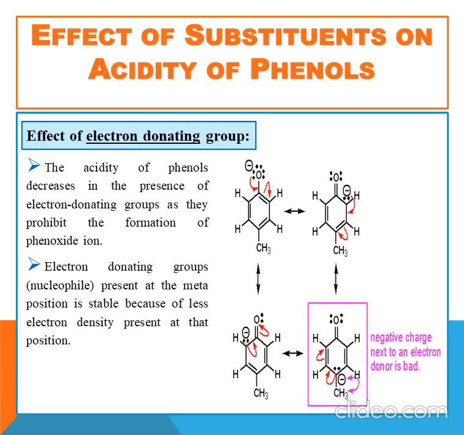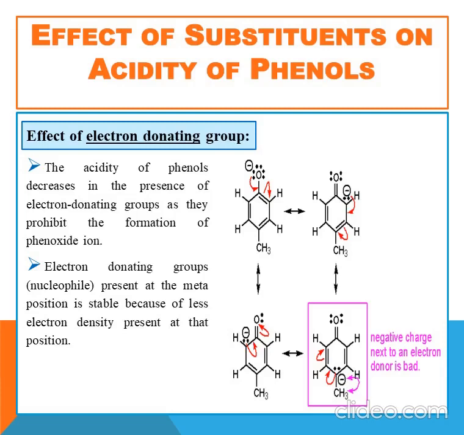See in the structure, I have forcefully tried to attach a CH3 group, which is an electron donating group, at the para position. Once the resonating structure is created, in the pink box you can see, once the negative charge comes to the para position, there is a repulsion, because the CH3 group will also try to give negative charge, and one negative charge is already present there.